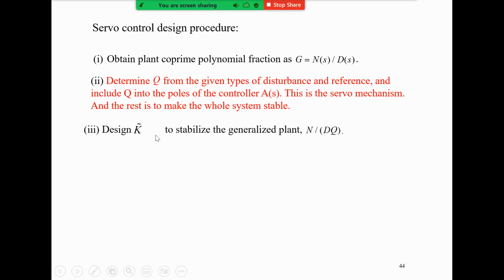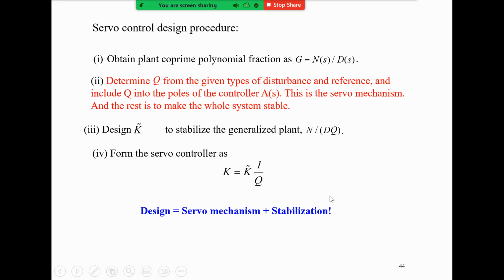So this is one way, the way we derive the solution. We design the K tilde to stabilize the generalized plant. And finally, the servo controller will be a combination of this K tilde and 1 over Q together. So that's what I say: in the servo control design, there are two parts, the servo mechanism and the stabilization.